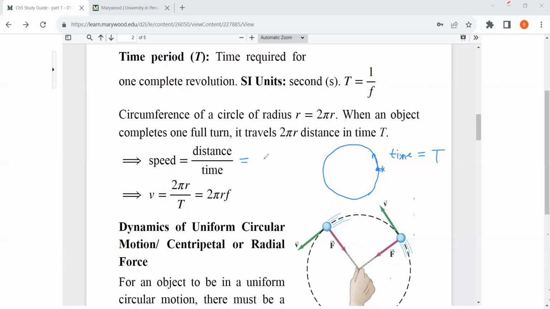So here in this equation, for 1 full turn it needs the time period. But what is the distance from here to here?